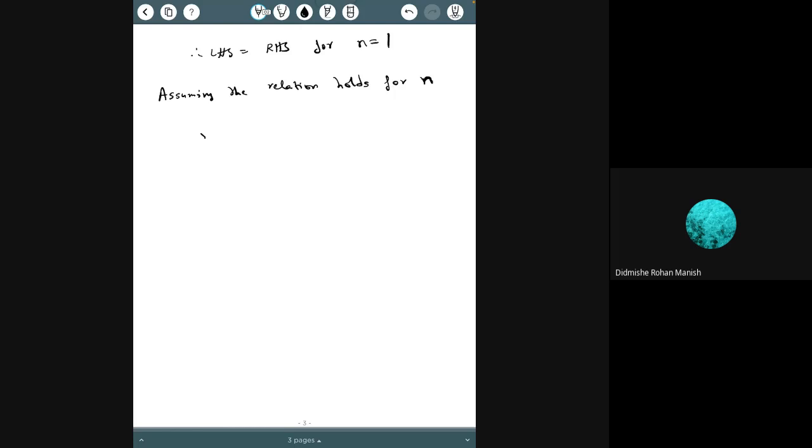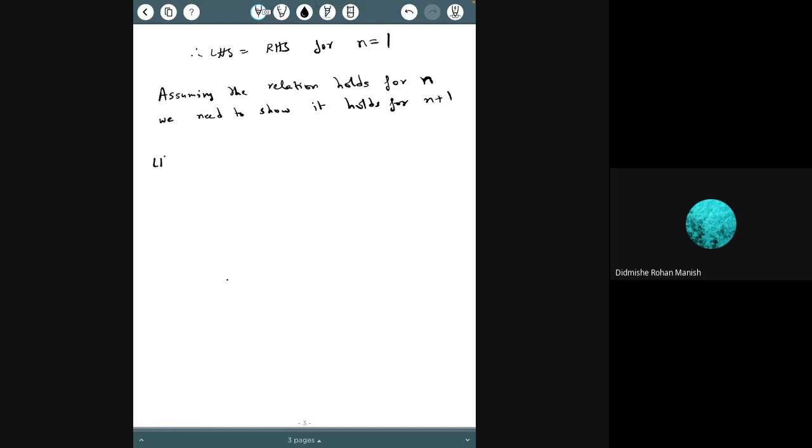Yes, you could have started from 0, just 0 was fine, but I just wanted to show you that it's simpler to just put in the value of n also. Okay, holds for n, we need to show it holds for n plus 1.